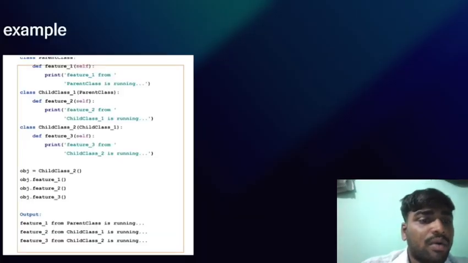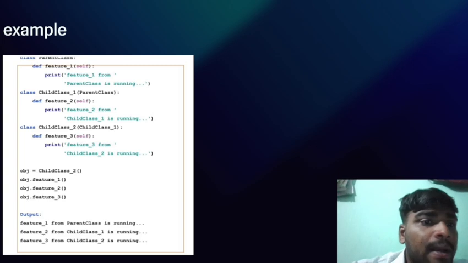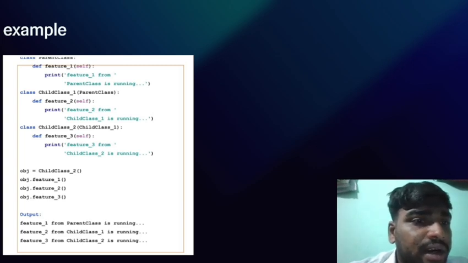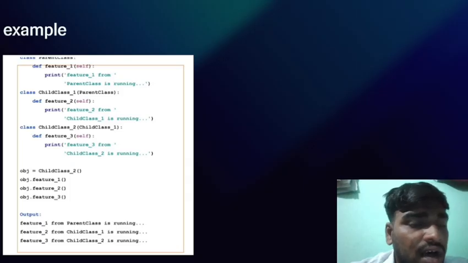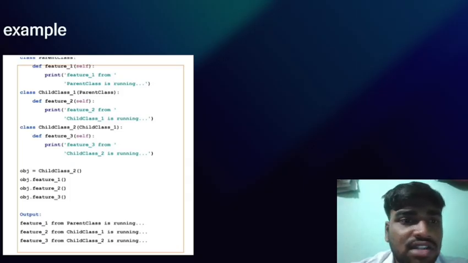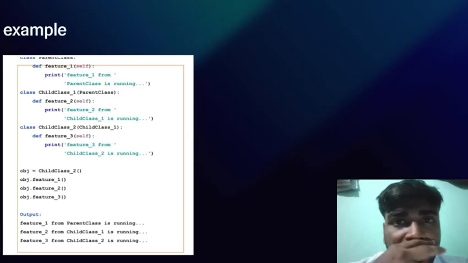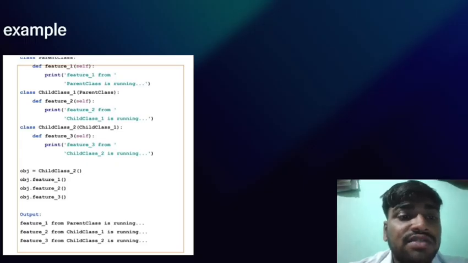Here is the example program as I showed you. Here feature 1 is a print statement in parent class 1. First the parent class, where the print statement is as shown. Later child class 1 inherits from the parent class, and I wrote another print statement. Later child class 2 inherits from child class 1.